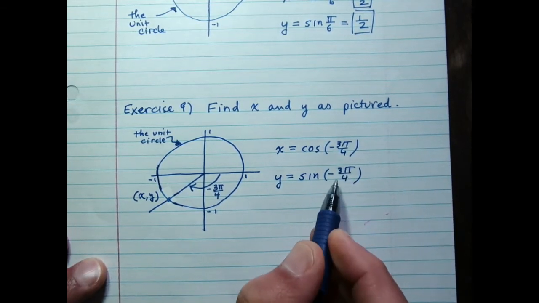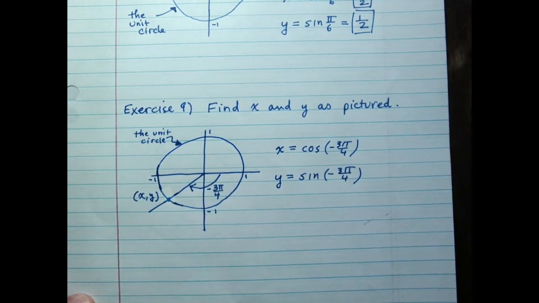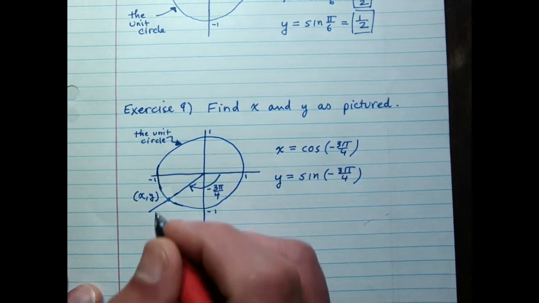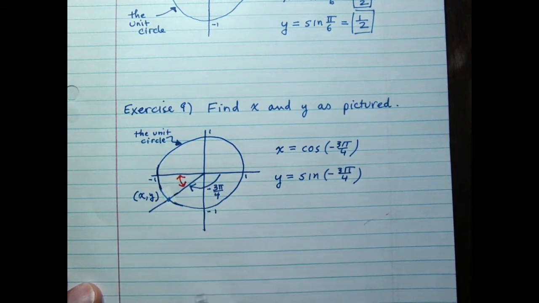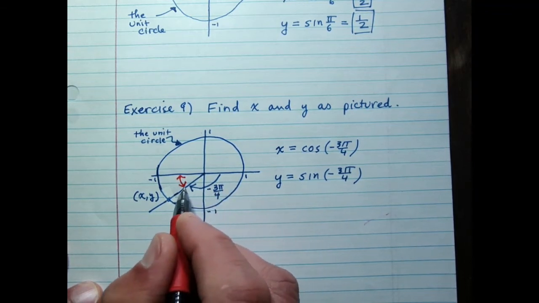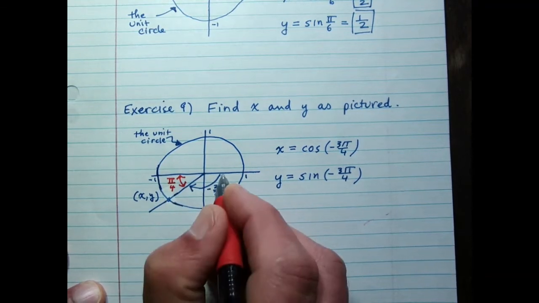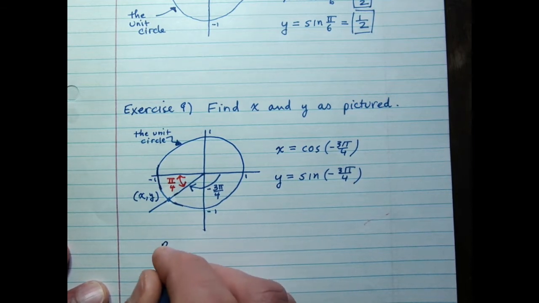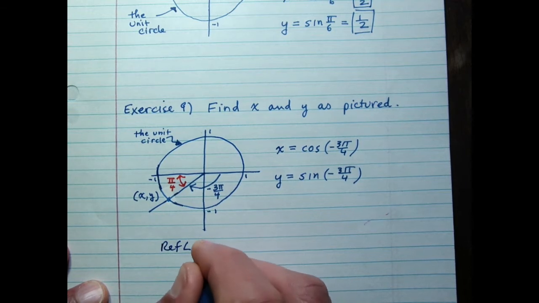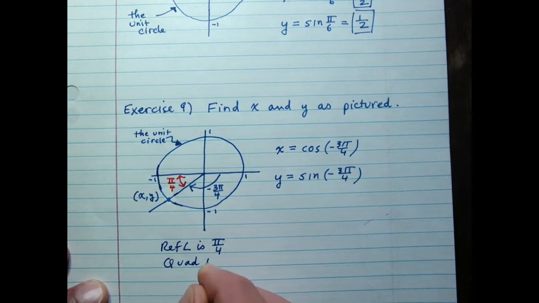But now we've got to be careful, since we're in a quadrant other than quadrant 1, to make sure we get our signs correct. The reference angle is going to be, if this is negative 3 pi over 4, pi over 4, because negative 4 pi over 4 would be negative pi. So we have a reference angle of pi over 4, and we know we're in quadrant 3.